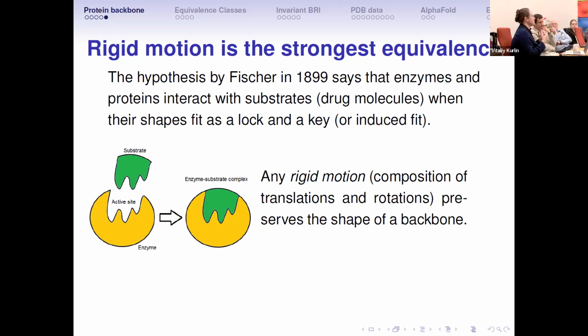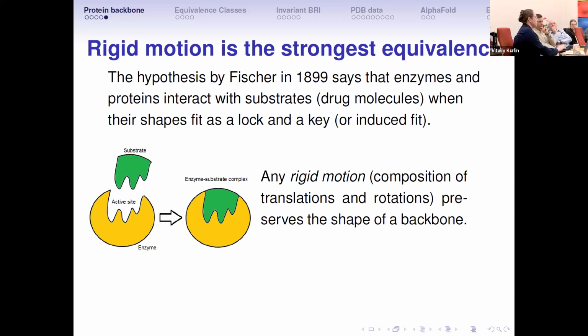Probably you remember those explanations of the lock and key mechanism from the COVID virus, when those spikes were the keys into existing locks in proteins. That's why it's important to be able to recognize the shape of the key and the shape of the lock.